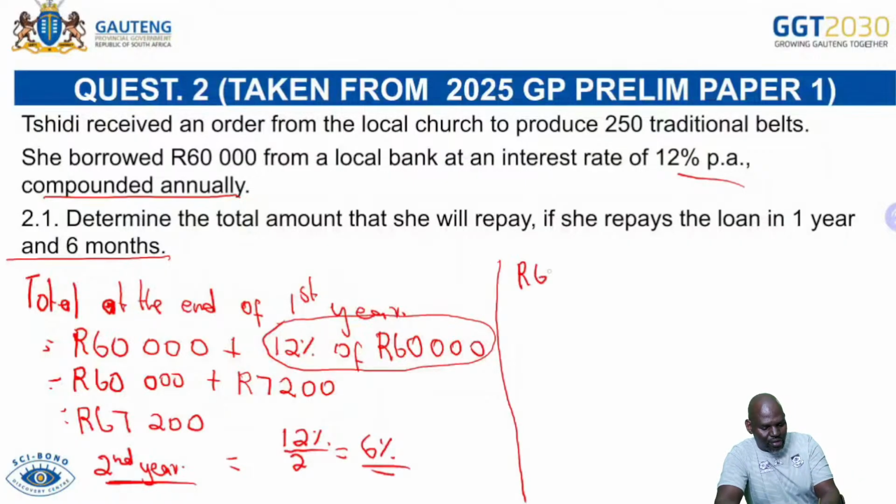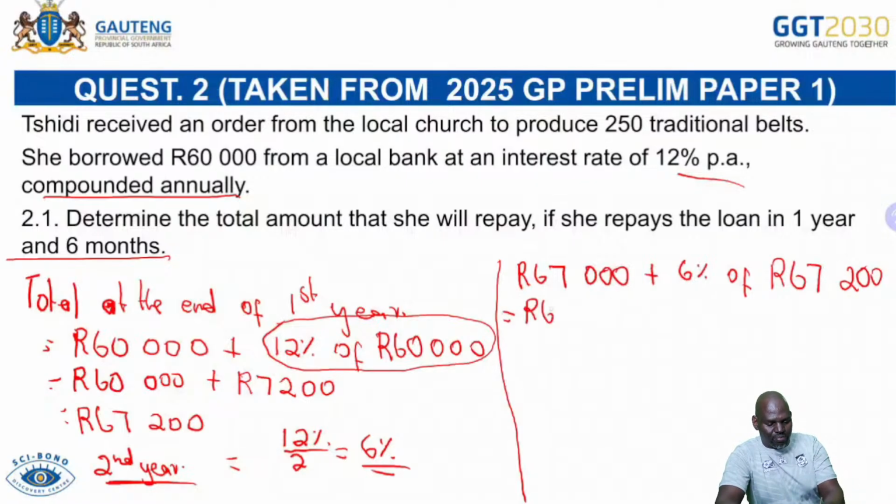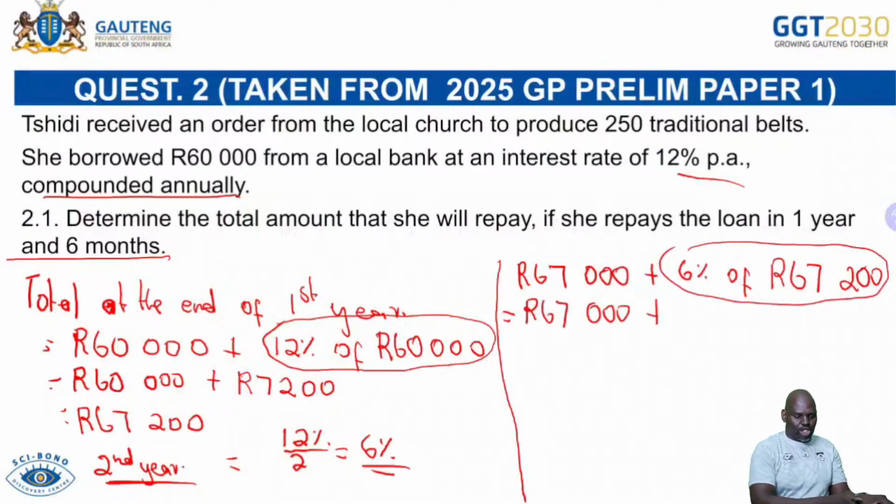Okay, then now we can say the amount will be 67,000 plus 6% of 67,200, which is equal to 67,000 plus, when I calculate 6% of this amount, 6% of 67,200, I say 6 times 67,200 divided by 100.